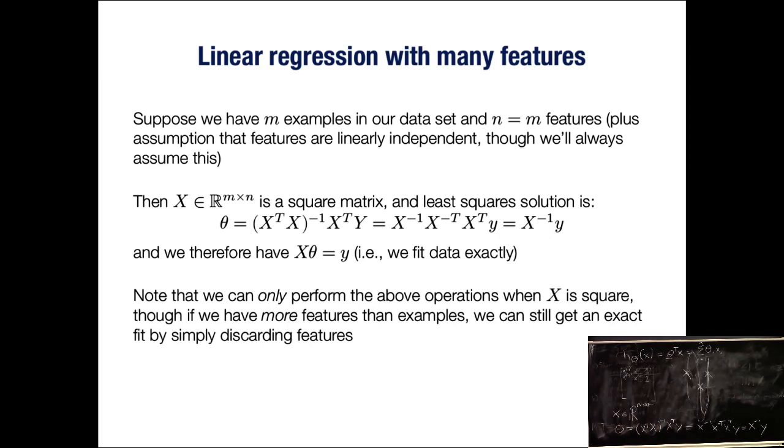And assuming x is, again, invertible, this will also imply that x times theta with this solution is equal to y. In other words, our predictions, which are just the elements of this x times theta vector, are always equal to our outputs y.